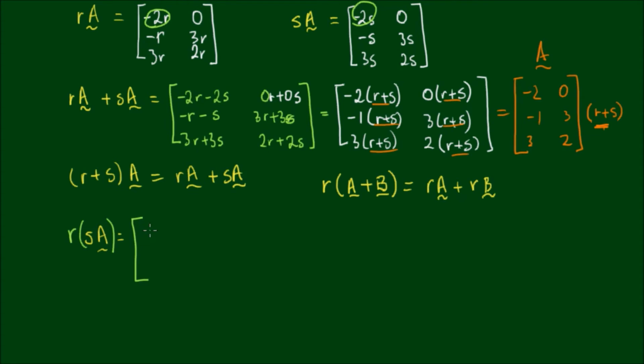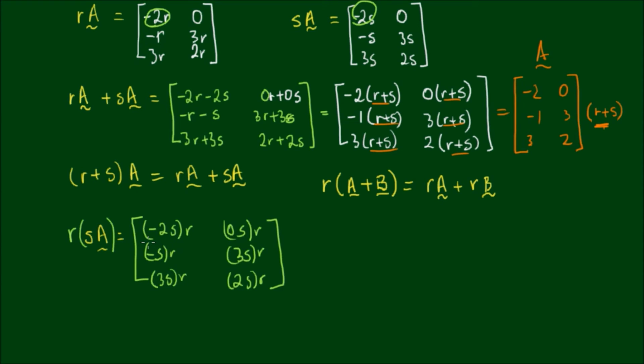So again, every element is multiplied by r, so we have minus 2s times r, 0s times r, minus s times r, 3s times r, 3s times r, and 2s times r. Okay, so we know that for each of these elements that multiplication is commutative and associative.